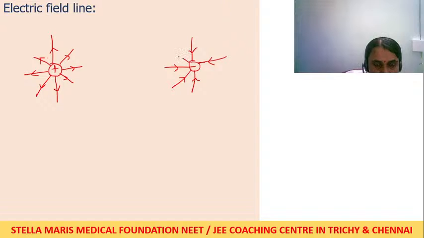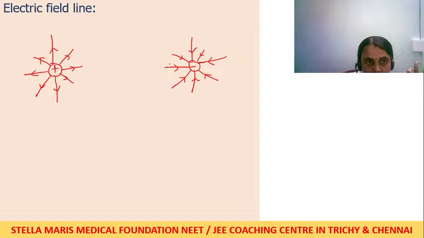Initially we have kept these two charges isolated, separated in the isolated system. The electric field lines of the positive charge will be radially outward.